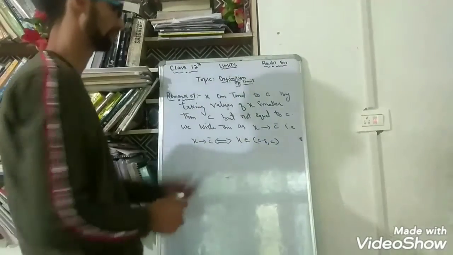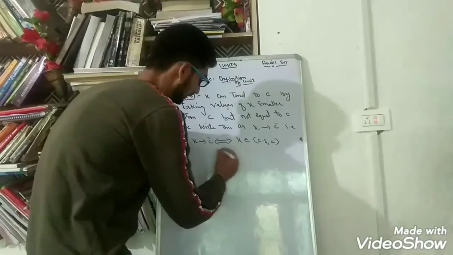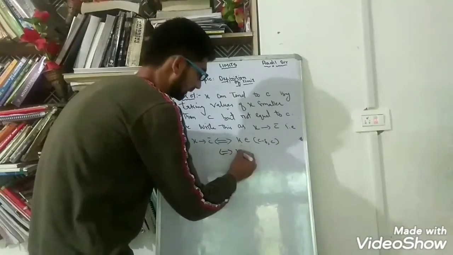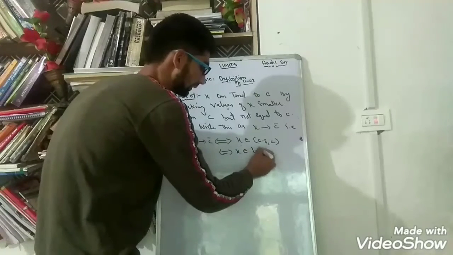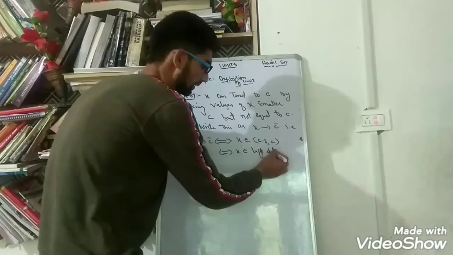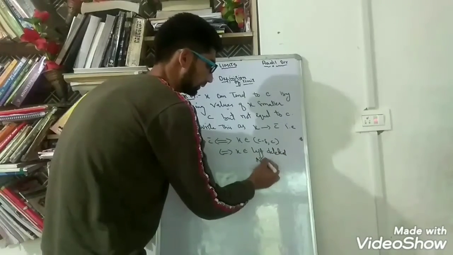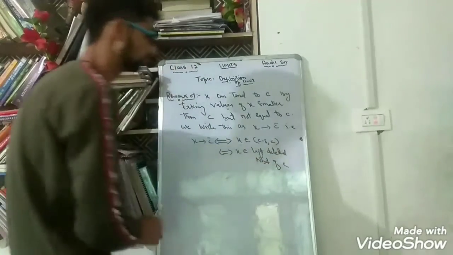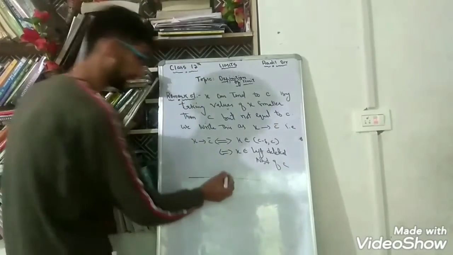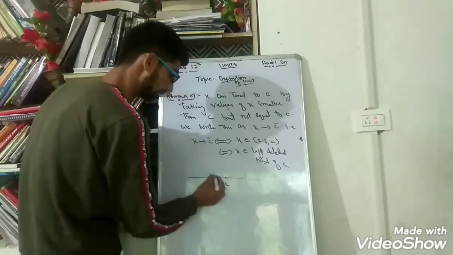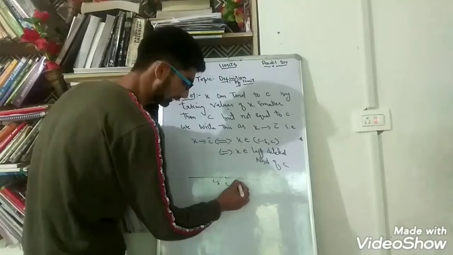If x belongs to this, what it means is beta, if and only if, x belongs to the left deleted neighborhood of C. I have already given you the definition of left deleted neighborhood. So for your ease, you can take it on number line. If this is point C, this is C minus delta, this C plus delta.